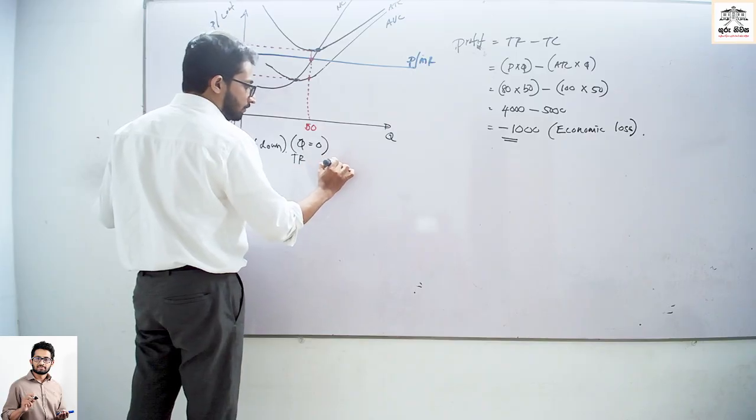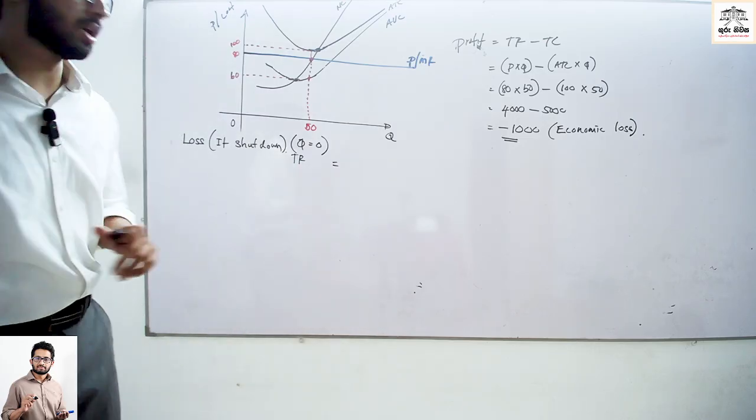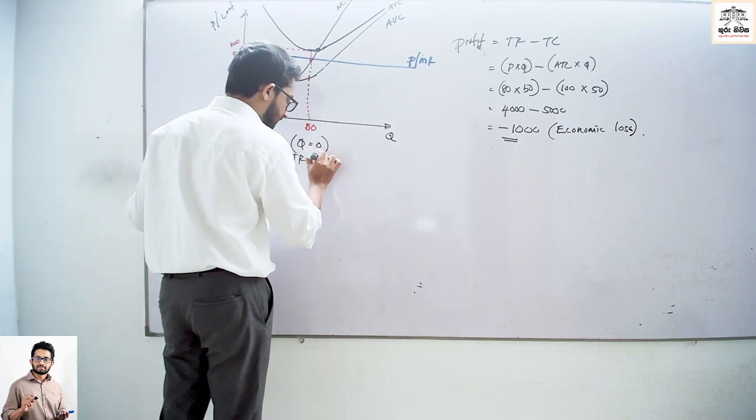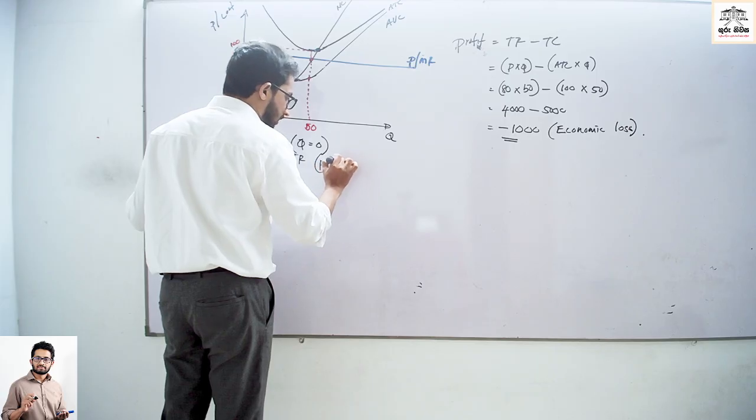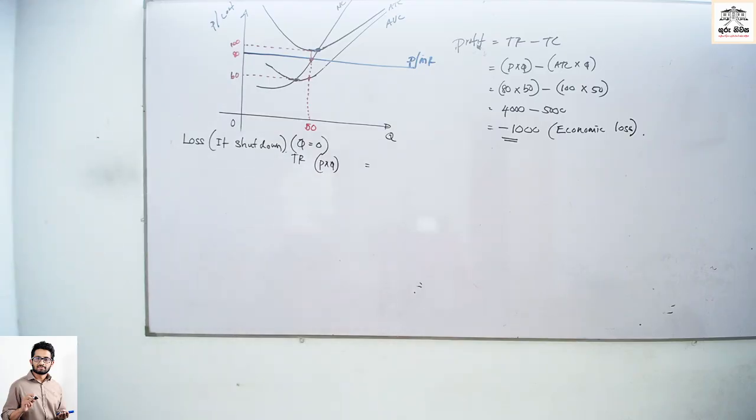If the firm shuts down its operation, how much is the total revenue? Total revenue is calculated as price into quantity. If there is no output, how much is the total revenue? 0.